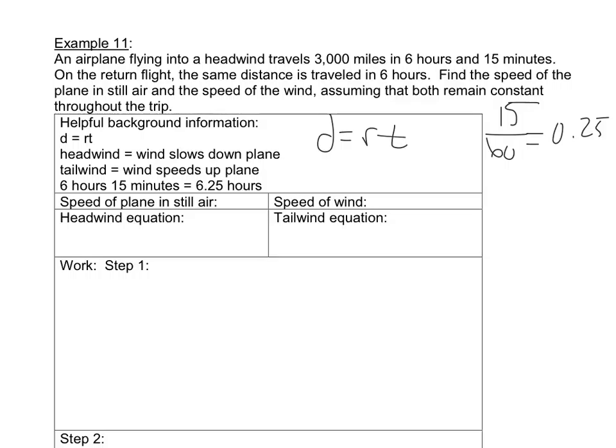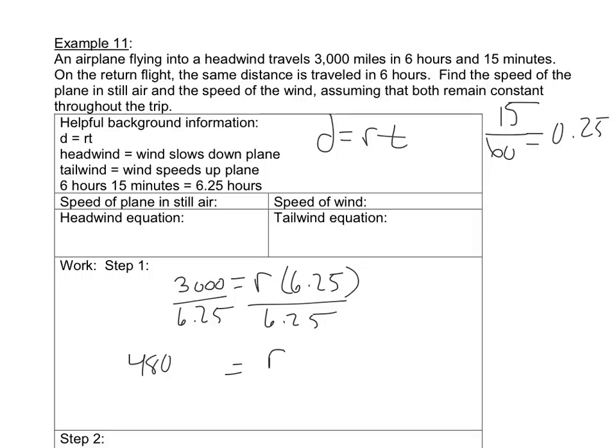Okay? So here's the thing. If we just said 3,000 equals, so the distance equals, we don't know the rate, times 6.25. Okay? Solve that for the rate. So divide by the 6.25. You get the rate going that way was 480 miles per hour.